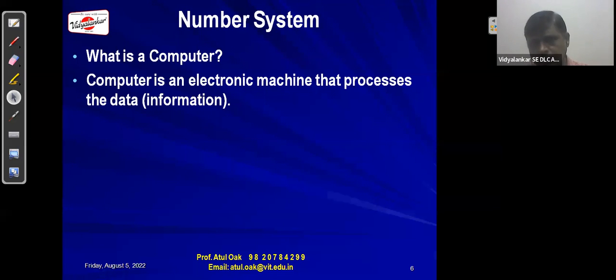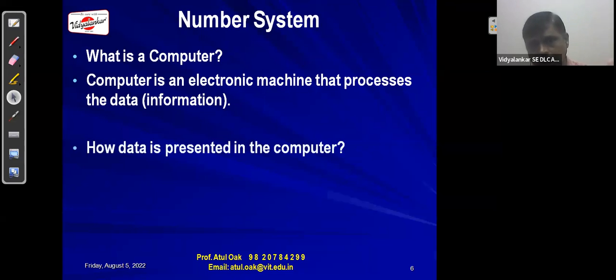Now, when we know what is a computer, the simple and sweet definition, a very fundamental question is how my data is presented in the computer.